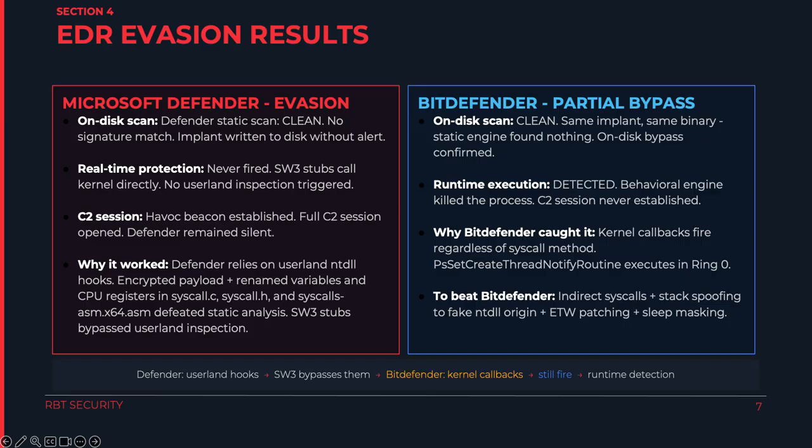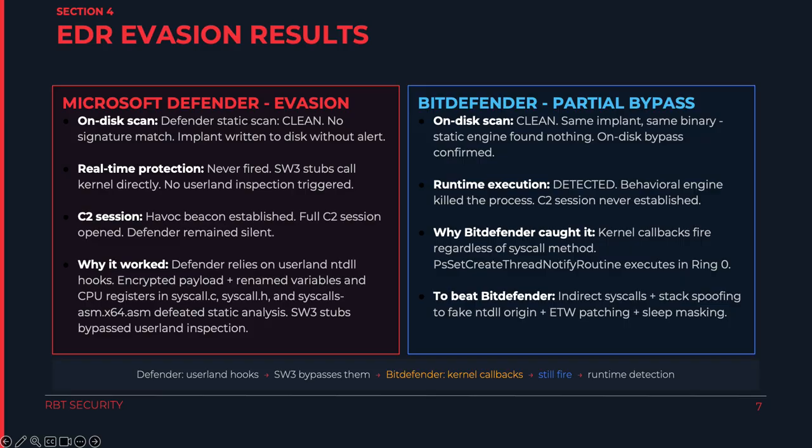So we are able to completely evade Microsoft Defender, and this is something expected. Microsoft Defender is not a good antivirus, right? Even in 2026, Microsoft Defender is still not able to identify the direct syscalls, and the reason is that they do not use API hooking.